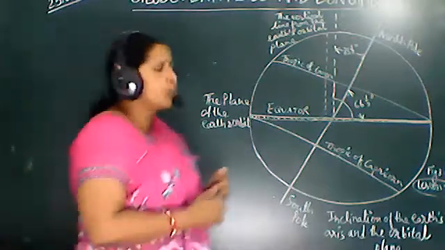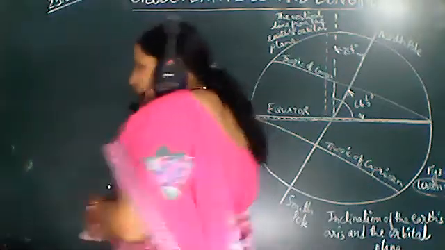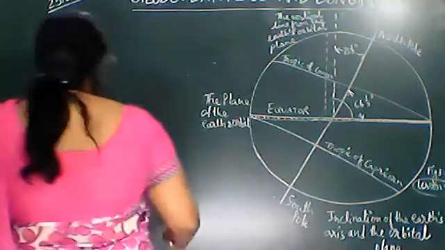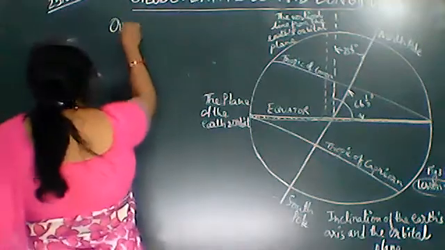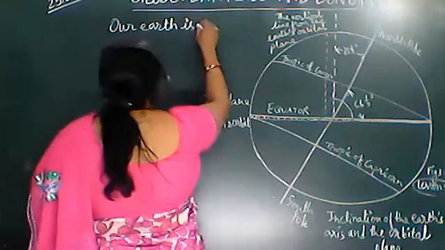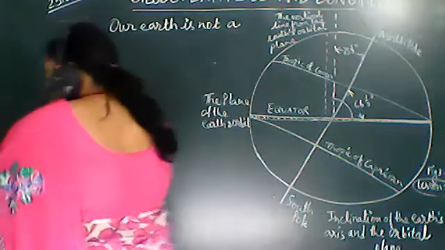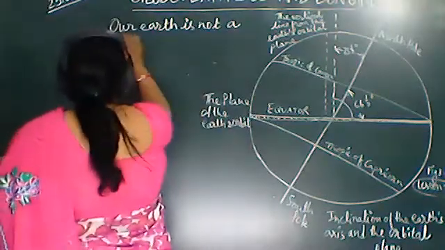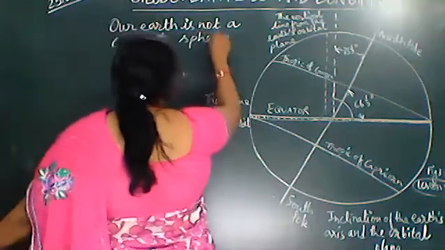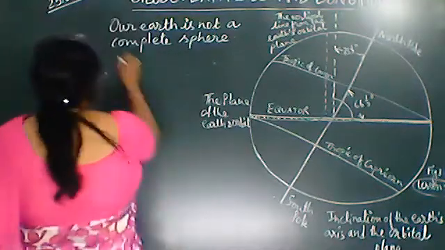Now let us try to understand the shape of the Earth. What is the shape of our Earth? If we try to understand it, we will see that our Earth is not a complete sphere.